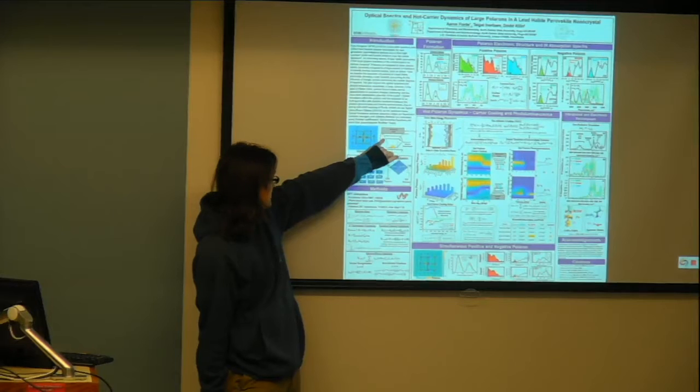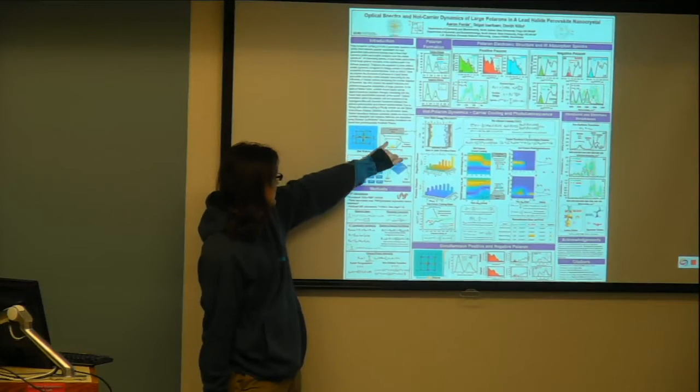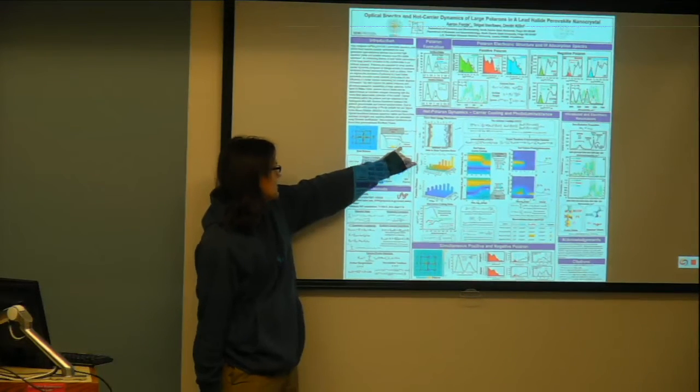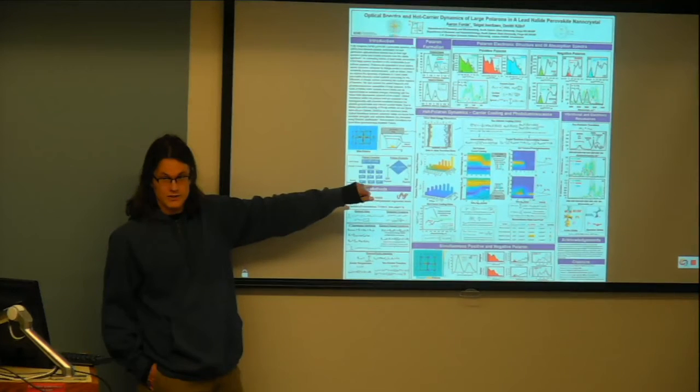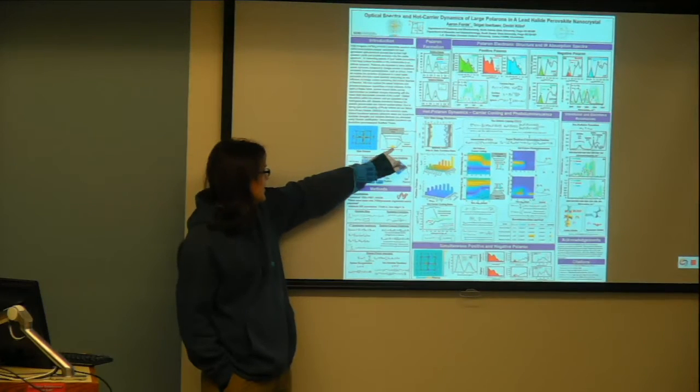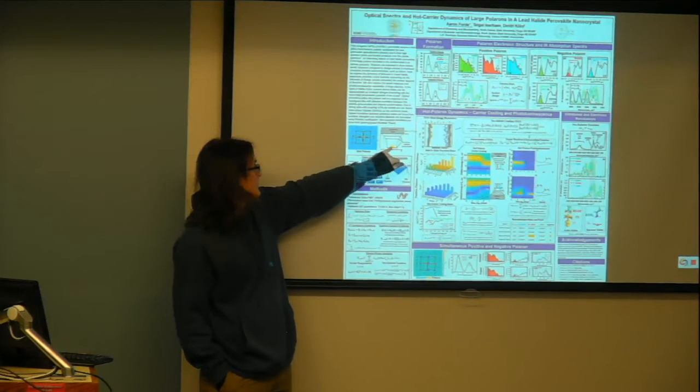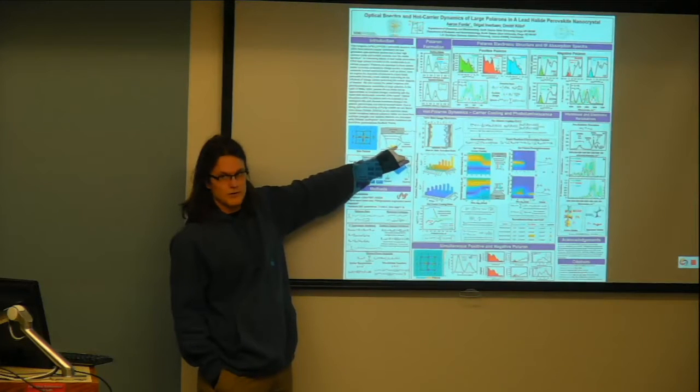These blue lines essentially represent a Coulomb interaction, or a Coulomb potential, from the ionic lattice. It creates a little potential well where the charge carrier goes to the bottom, or minimum.